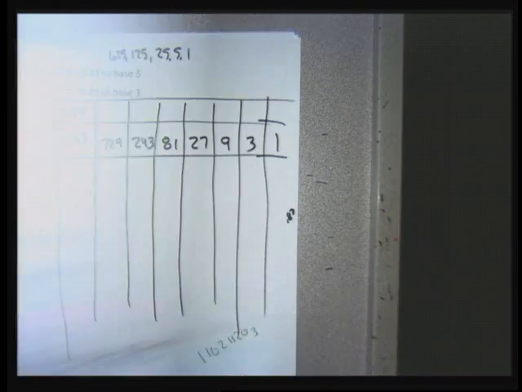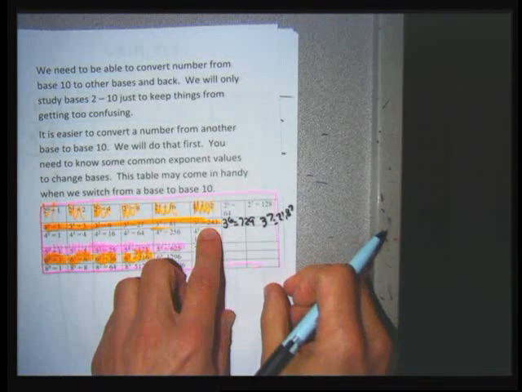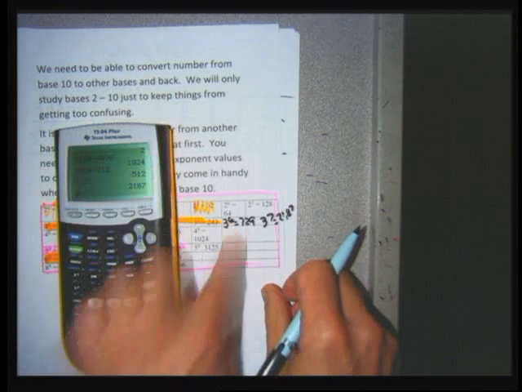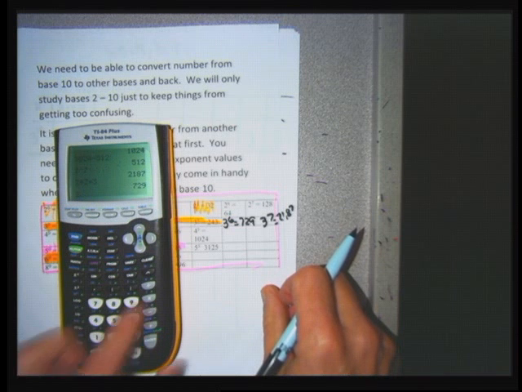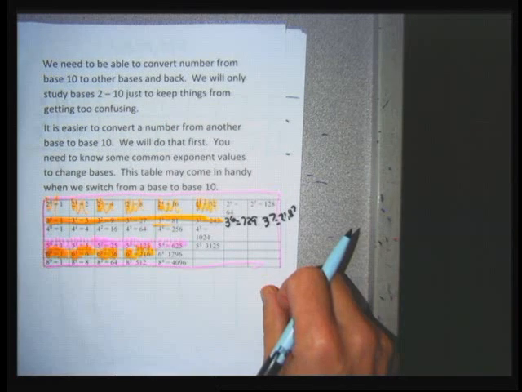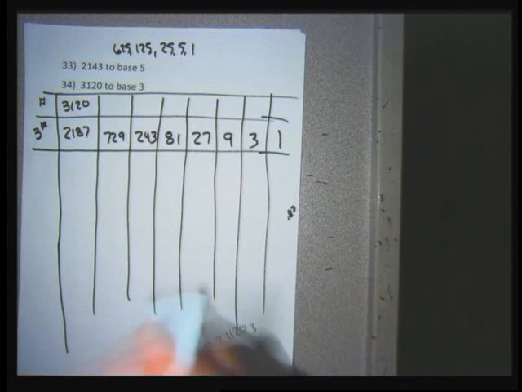So yeah, I had up to 243. Then I multiplied 243 by 3 and got 729, and then 729 by 3 and got 2187. So I had to get really far. It was really unfortunate. But now I'm ready to subtract.